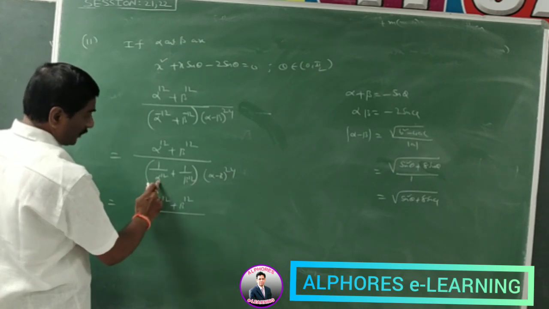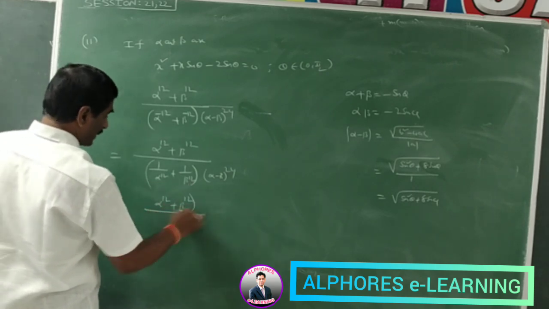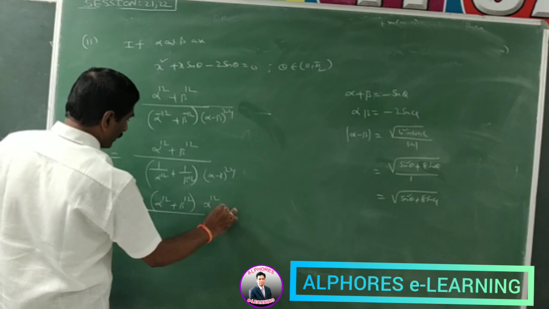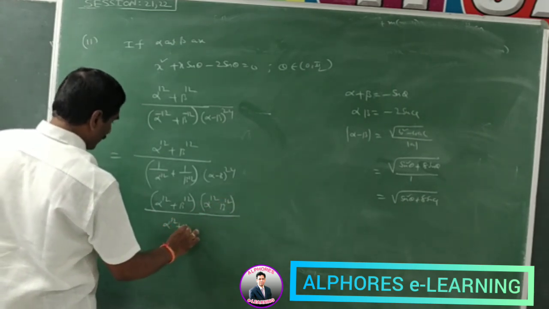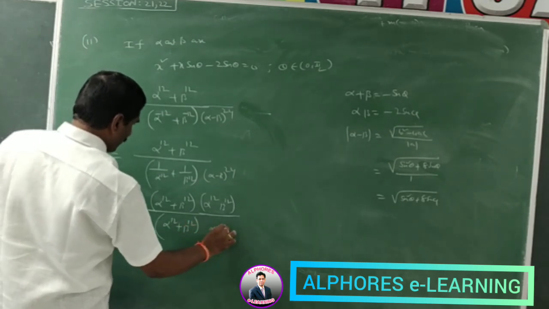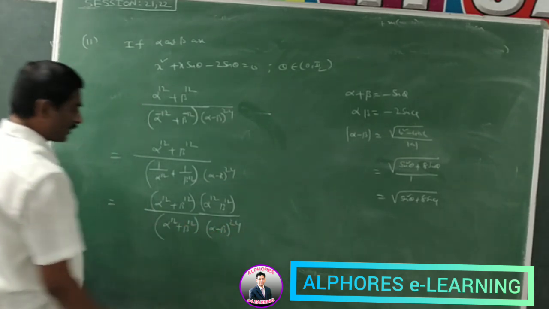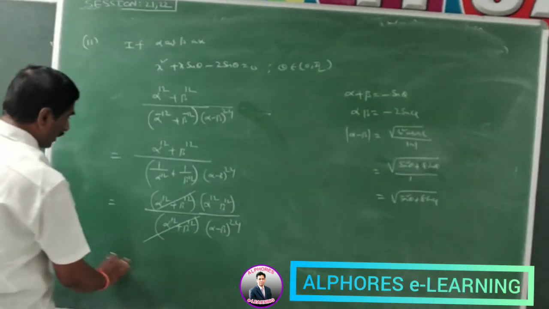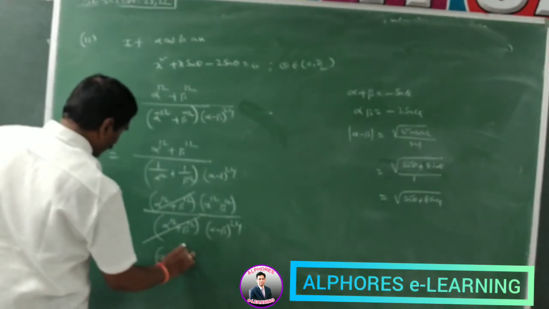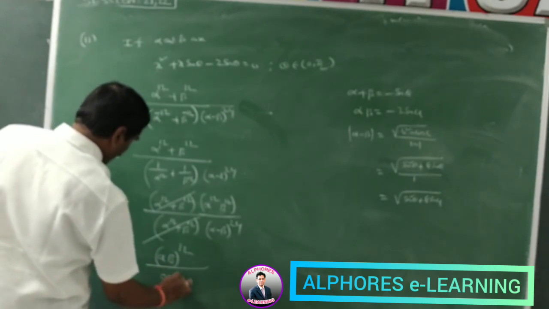Alpha power 12 into beta power 12. Fraction is reversed. Alpha power 12 into beta power 12 by alpha power 12 plus beta power 12 into (alpha minus beta) whole power 24. Okay. Here alpha power 12 plus beta power 12 cancel. That means (alpha beta) whole power 12 by (alpha minus beta) whole power 24.